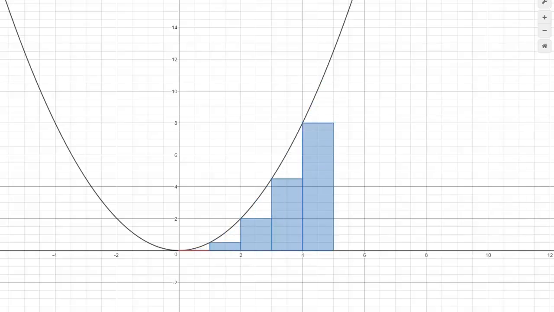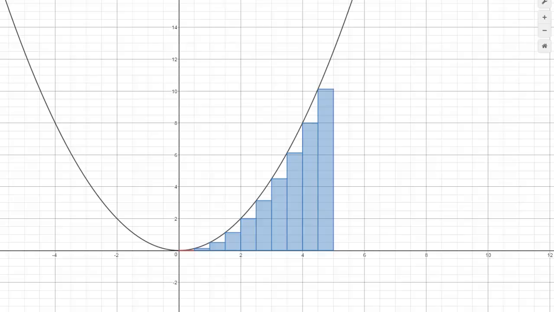Let's say there's 3 rectangles. Again, you may say I'm wrong, but there are 3 rectangles. It just happens that one of those rectangles has a height of 0. Okay? So that's still a pretty bad approximation, but let's increase the number of rectangles.